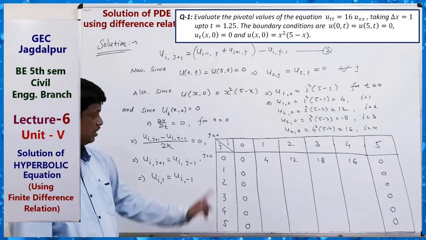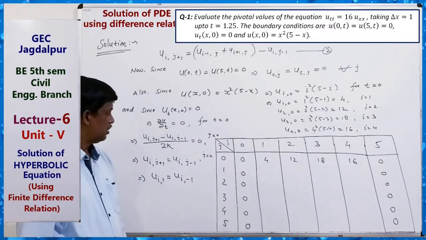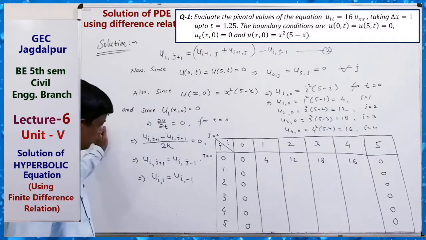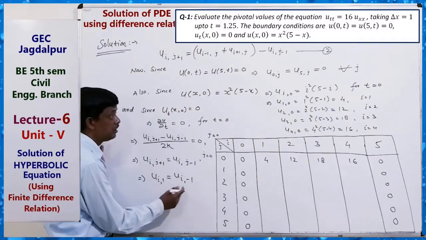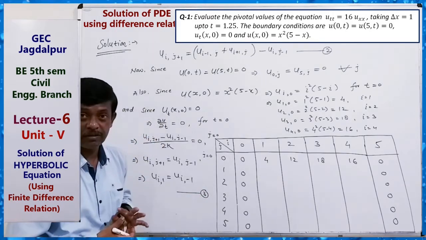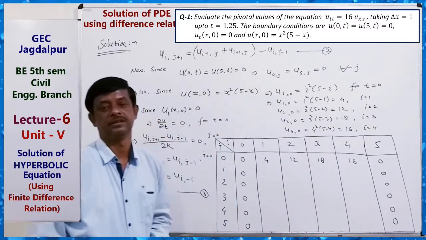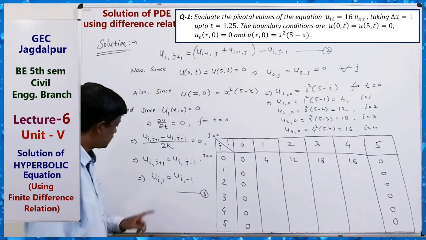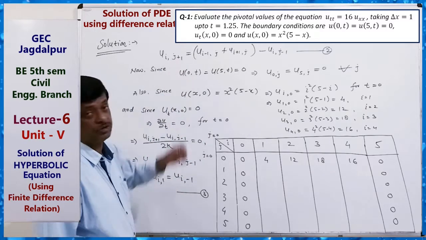We get this because the time equals 0, so 0 level. Okay, now we get like this. Now use it. Just suppose this is 3. Our target is finding values of this.